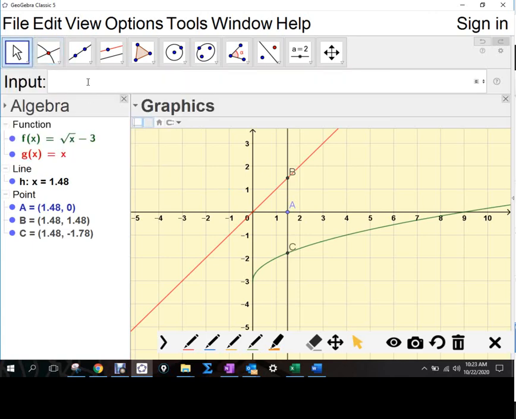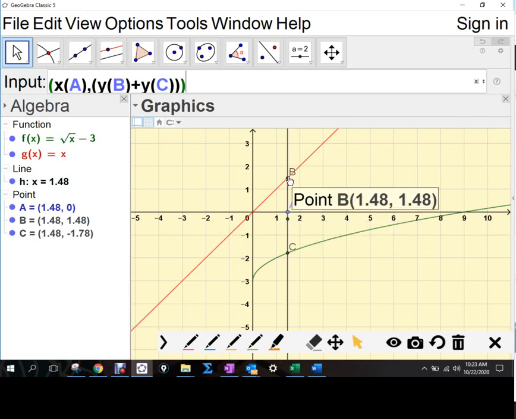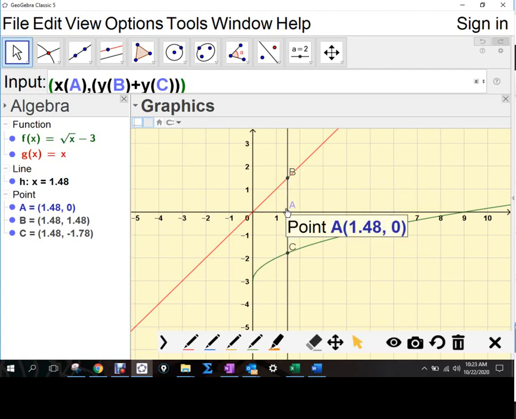I'm going to ask this to highlight a point that has the x value that is at A, but the y value for this point I want to be the y value at B plus the y value at C. So the y value at B would be f of, in this case, like 1.3. Does that make sense? Or 1.48, okay?